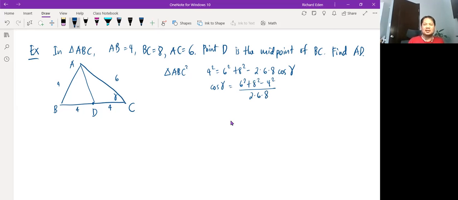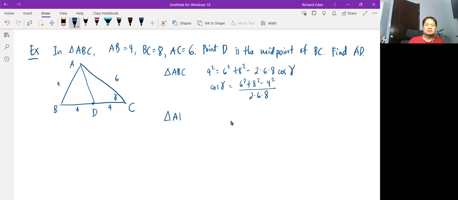To figure out AD, what would you do? Since we know cosine gamma and 6 and 8, we can calculate AD by still using the cosine law. On which triangle?